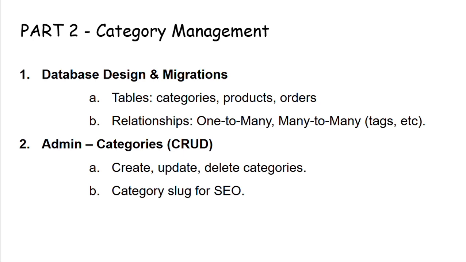Also, we will do categories CRUD, which is basically creating the categories, updating them, deleting them, and reading them. We will be doing all that stuff in this video, which will be solely the category management video.